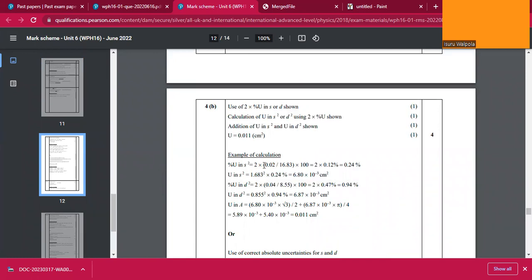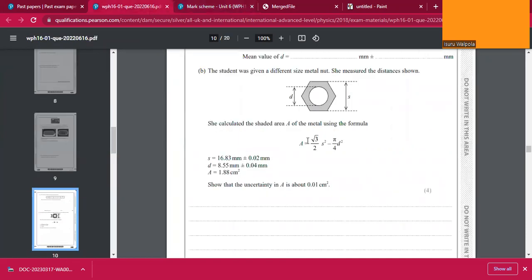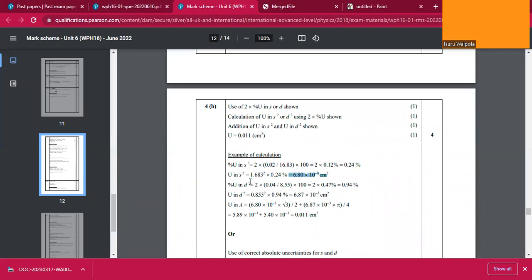You take the percentage uncertainty of S first, multiplied by 2 because it's S squared, S times S, get 0.24. Now you take that value of S squared and multiply it by this percentage to convert it back into an uncertainty. Why are we doing that? Because ultimately you have to realize the bigger operation is a subtraction. So you need to get it back because the rule for subtraction is you have to add the uncertainties, not the percentage uncertainties. So they have converted back to the uncertainty.